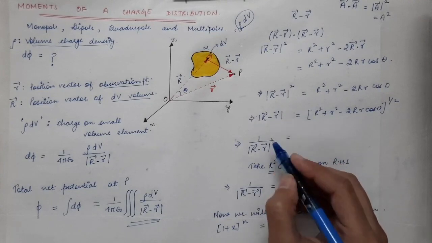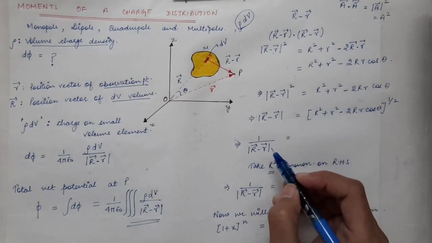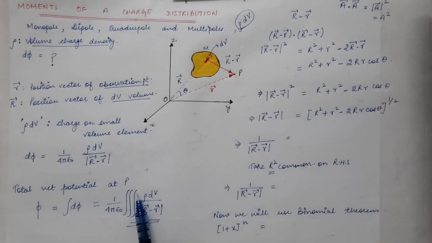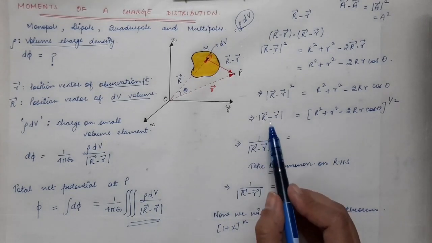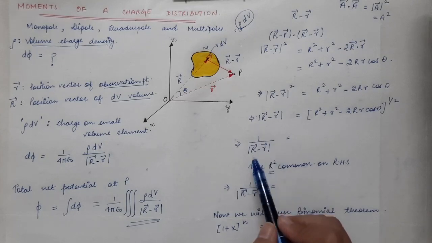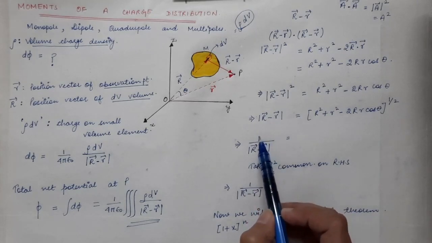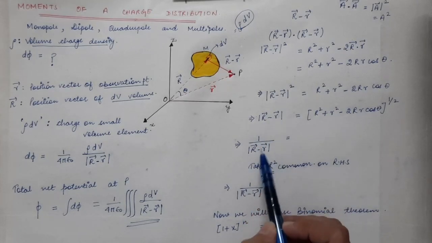Now we are taking the reciprocal. Why are we doing the reciprocal? Because over here we have 1 divided by R vector minus small r vector. So we will take its inverse. So we will have 1 by the magnitude of R vector minus small r vector.